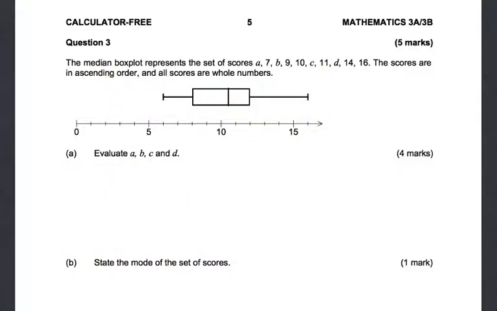All that stuff's going to disappear, and what we need to do now is, using the clues from the problem, so using the graph itself and the set of scores that was mentioned up here, we need to solve for the values A, B, C and D, and then for part B, state the mode of the set of scores. So again, same as question number 1, I'm going to give you guys a little bit of time to see if you can figure things out, like a minute or so, and then I'll come in and do the solution for it, okay?